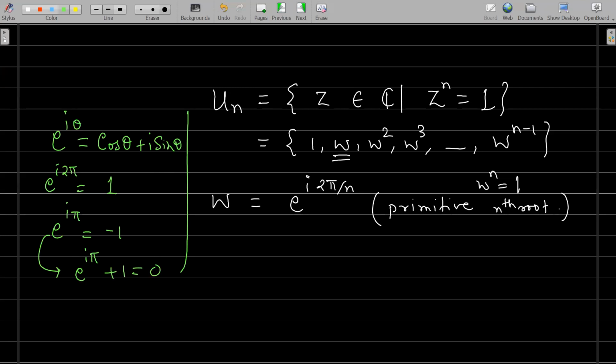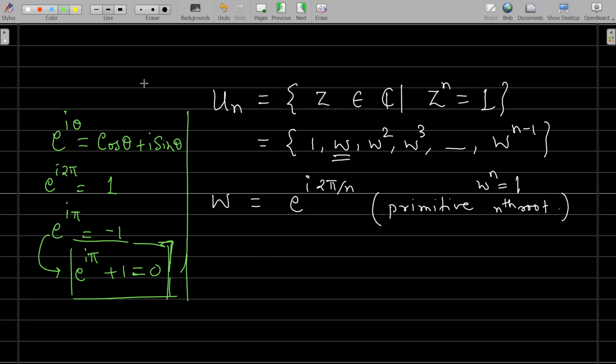Do you see the beauty of that? 0, the additive identity, 1, the multiplicative identity, i, the basic imaginary number, and two well-known irrational numbers which we need quite often, pi and e. So all five are bound together with a nice relation, right? That's also known as Euler's identity.